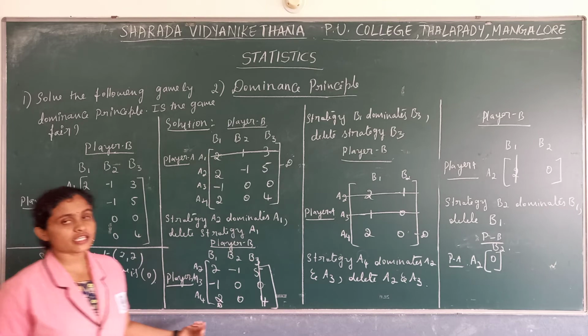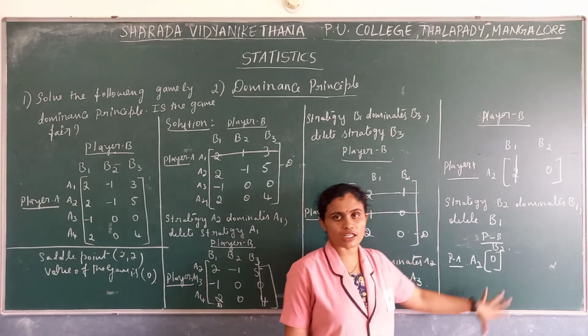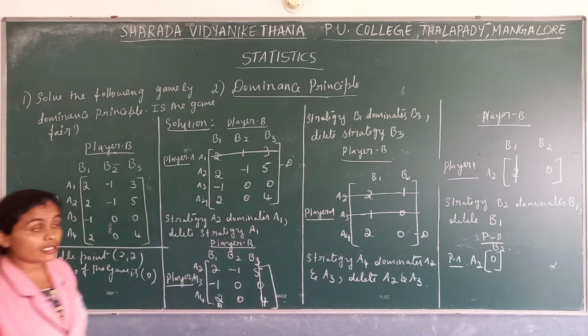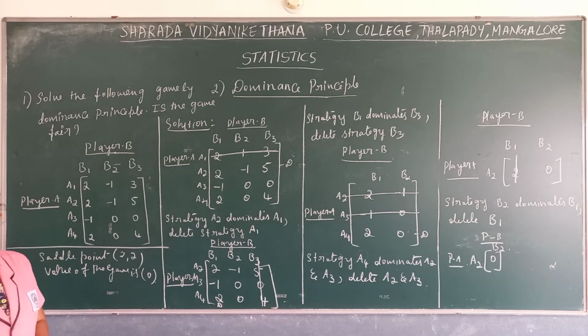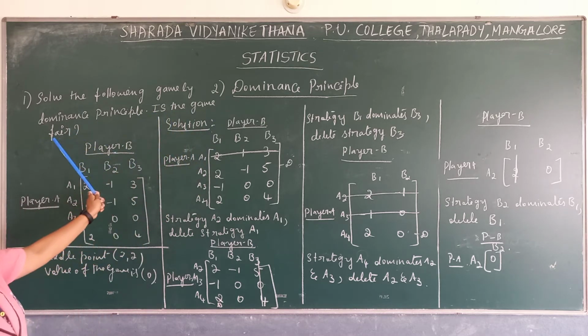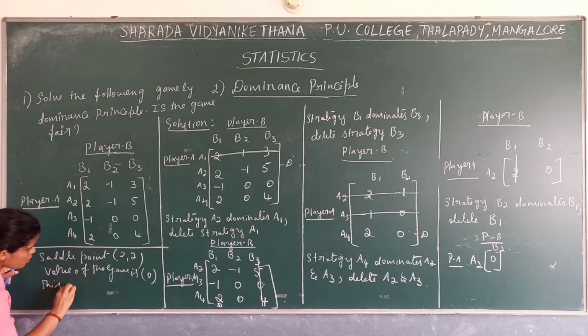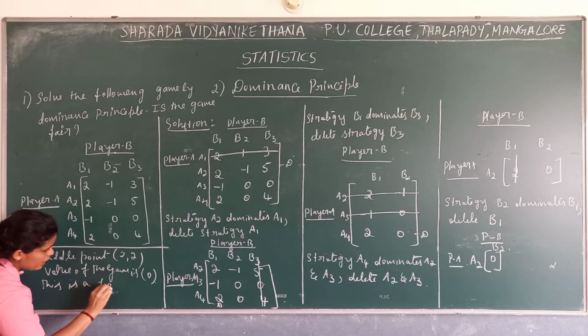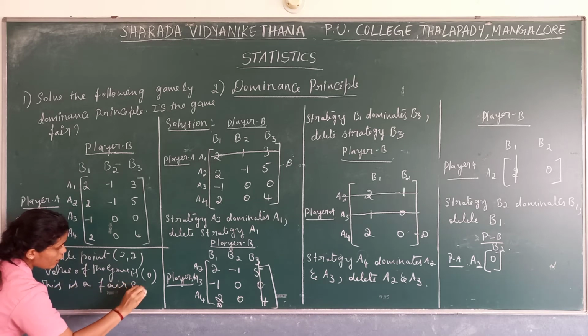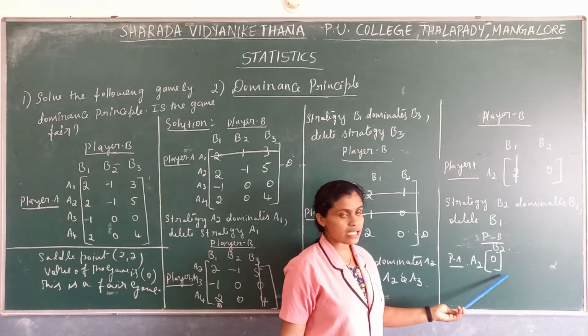If we do not get 0, if we get 1, 2, such kind of numbers, we can conclude it is not a fair game. Here we need to conclude whether it's a fair game or what, because they have given in the question, is the game fair? Yes, this is a fair game. Why is it a fair game? Since we got value of the game as 0.